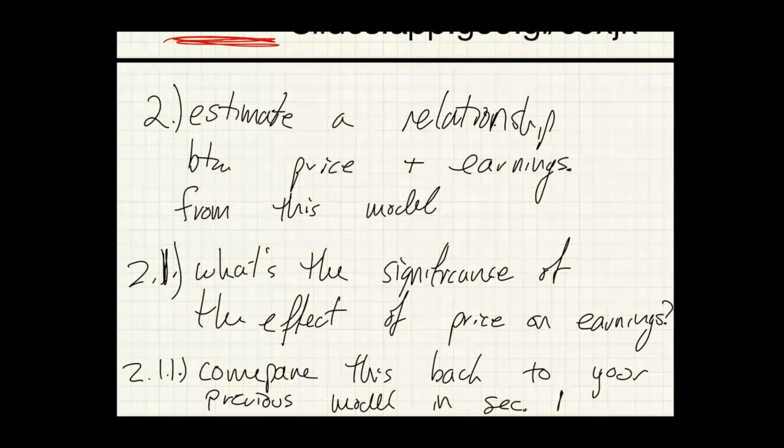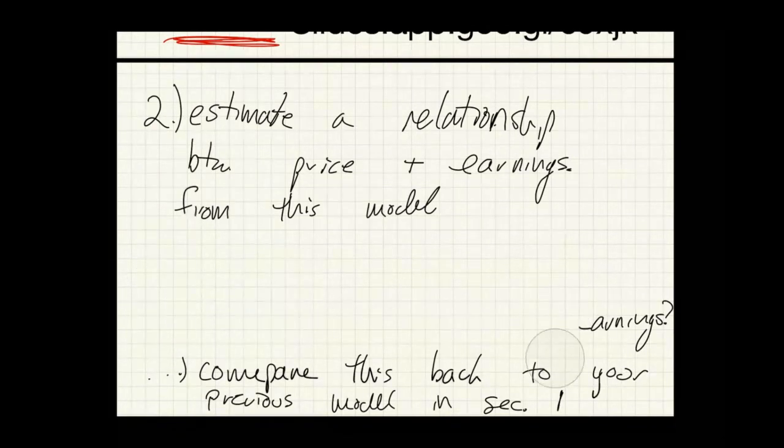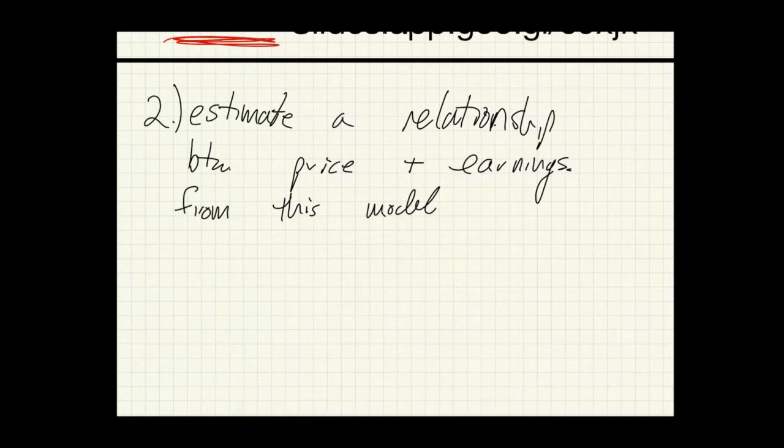Another thing that might happen is you'll have from this model, and this might be 2.2. Then I might say 2.2.1 is the effect, section 1.